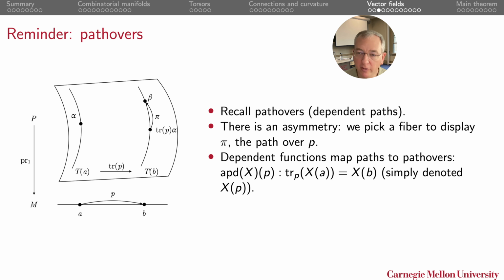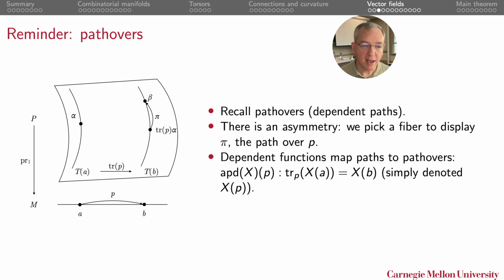Just a quick reminder then, right? So we have now sections of our bundle, and so we're going to look at what those do to paths. So we're going to talk about pathovers. So let's recall here quickly some stuff about pathovers, dependent paths. And recall that there's an asymmetry in their definition, right?